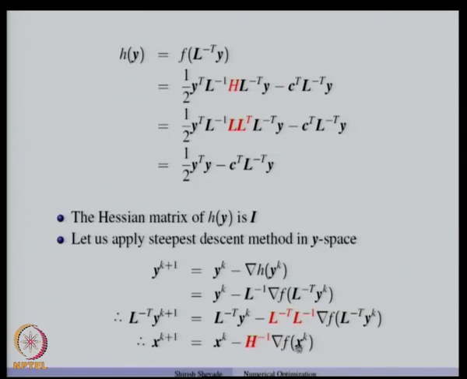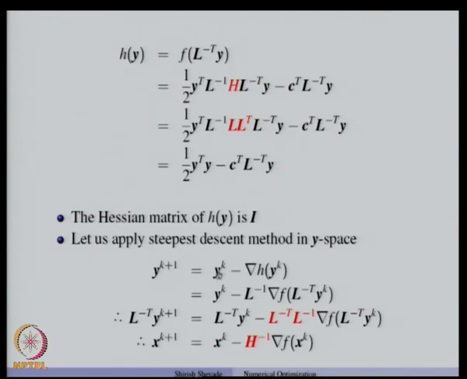So, the usual negative gradient direction gets deflected by the matrix H inverse, and that is used to move from x k to x k plus 1 with the step length of 1. So, we have come up with a new method where instead of the usual negative gradient direction, we deflect the negative gradient direction by the matrix H inverse.